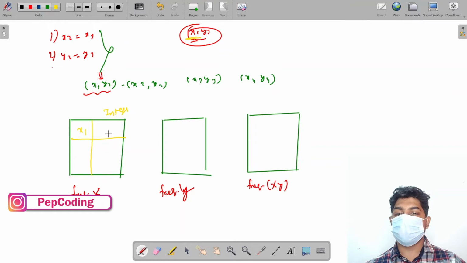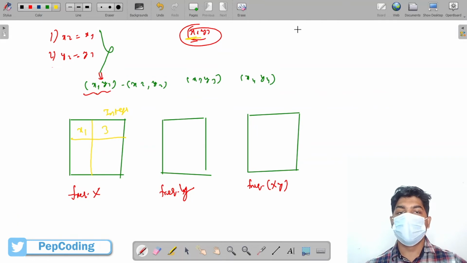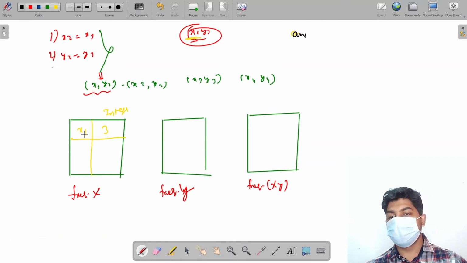Okay, so let's suppose initially in front of x1, how many coordinates are there? If there are three coordinates, then I will add 3 to my answer. What do I mean by it? Let's understand. Let's suppose before x1 comma y1, there is one more point, x1 comma y7.